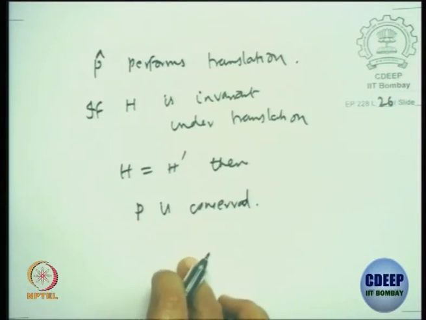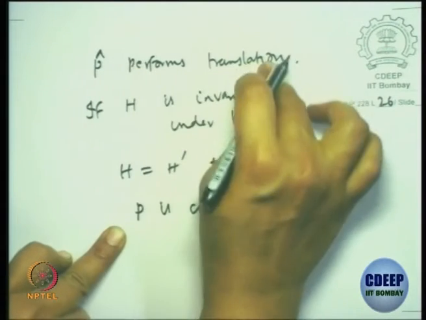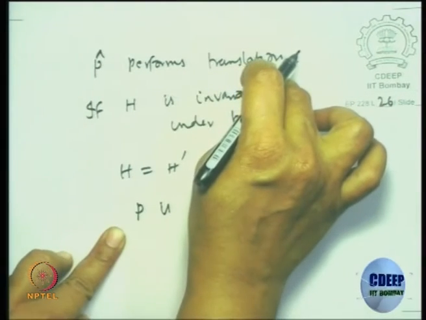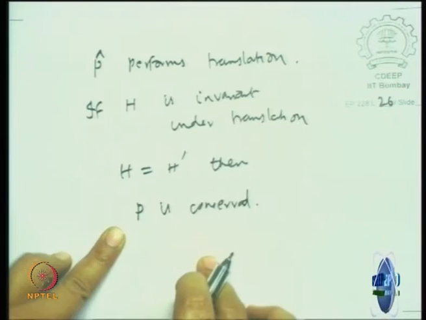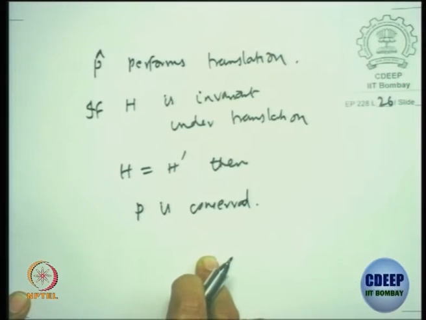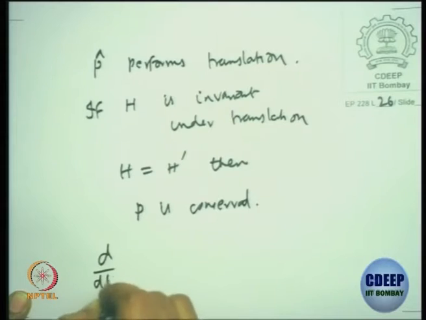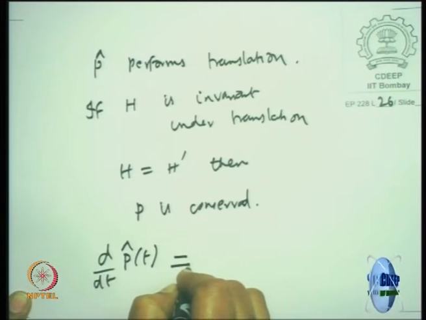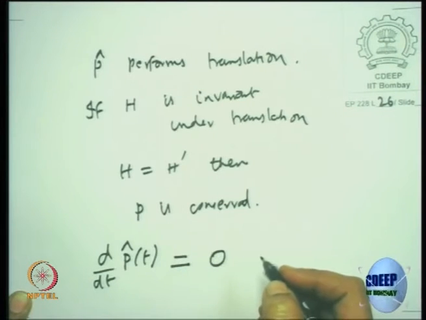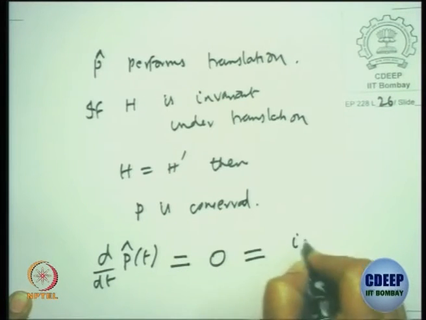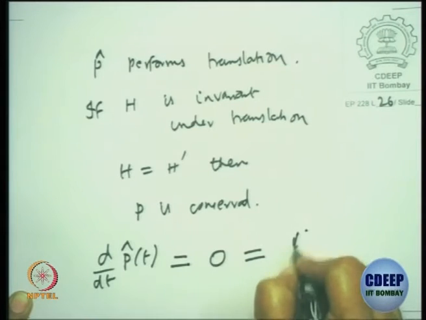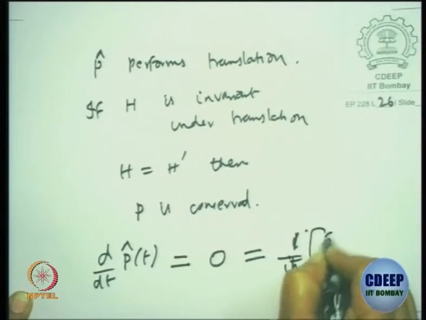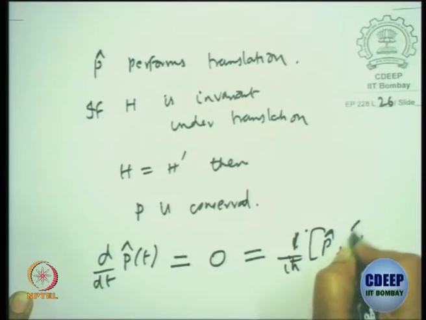Associated with a symmetry, the one which performs that symmetry operation will be conserved. Classical mechanics. Quantum mechanics, what do we say? d by dt, Heisenberg's picture, P operator should be 0. By Heisenberg picture, this is nothing but 1 by i h cross, commutator of P operator with H operator.